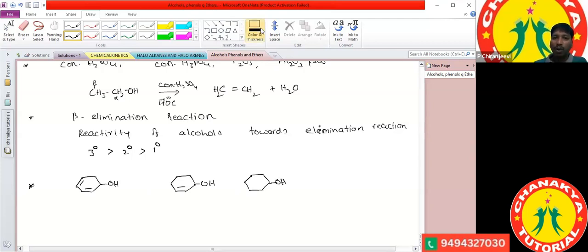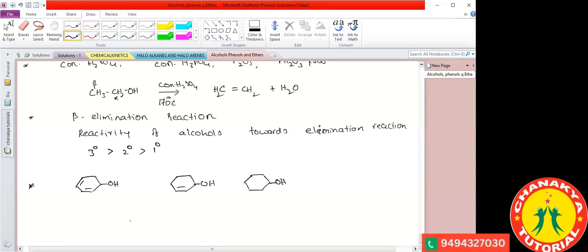So which alcohol is more reactive towards the elimination reaction? That is my question. Three different alcohols are there, ma'am? In the three different alcohols, which one is more reactive towards the elimination reaction?